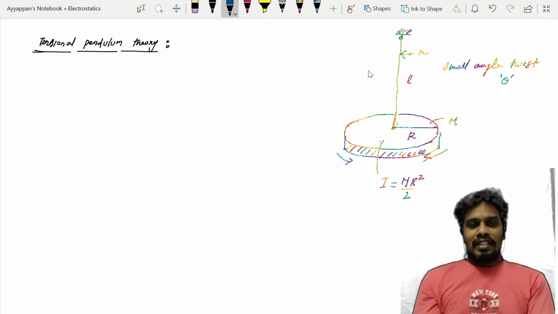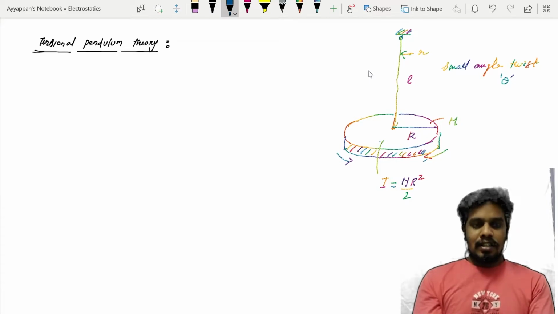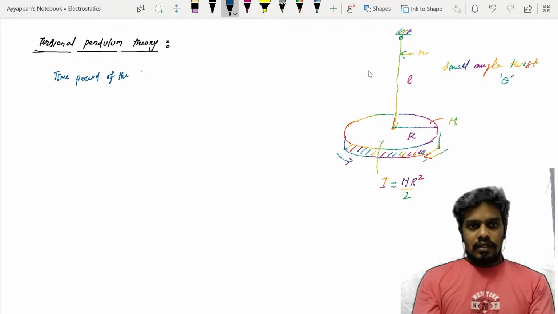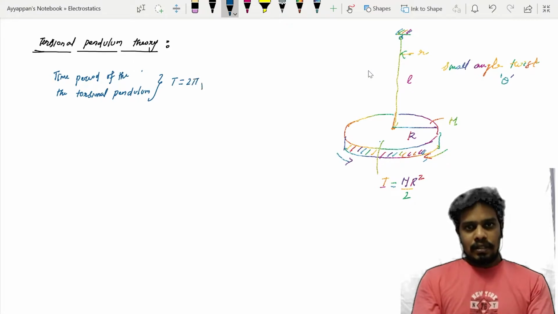We found in the previous lecture the time period of the torsional oscillation, or torsional pendulum. So, the time period of the torsional pendulum: T equal to 2 pi square root of the moment of inertia of the disk divided by the couple per unit twist.